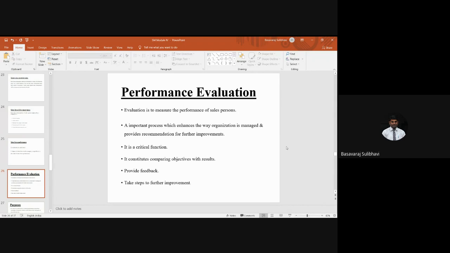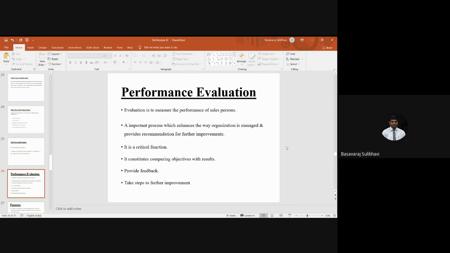To provide feedback, if you want to improve the salespeople and make them identify at what level they stand when it comes to selling performance, you should evaluate the performance of the salespeople and come up with some good findings, which can be given in the form of feedback.